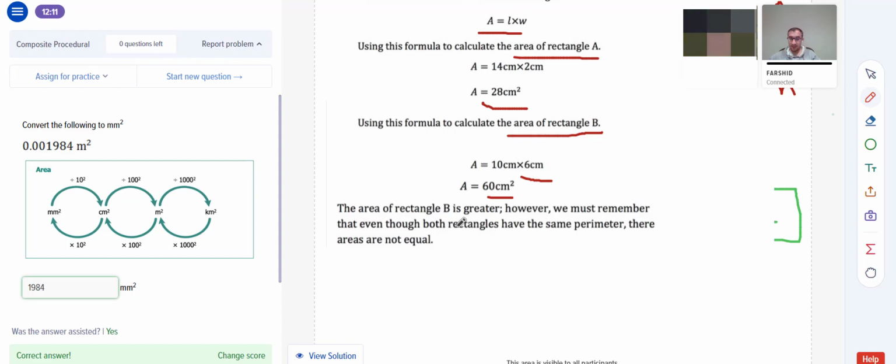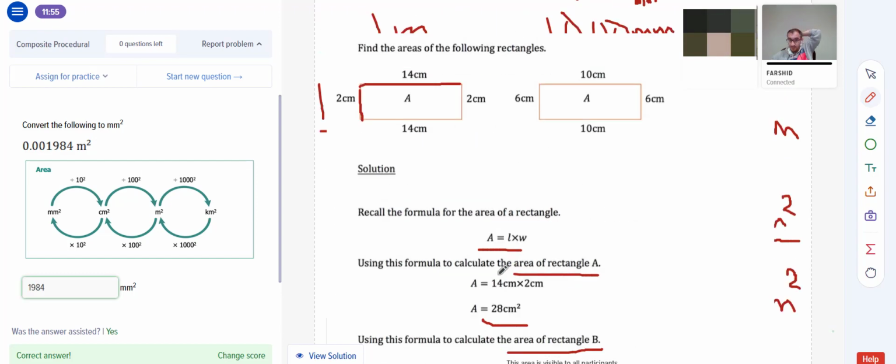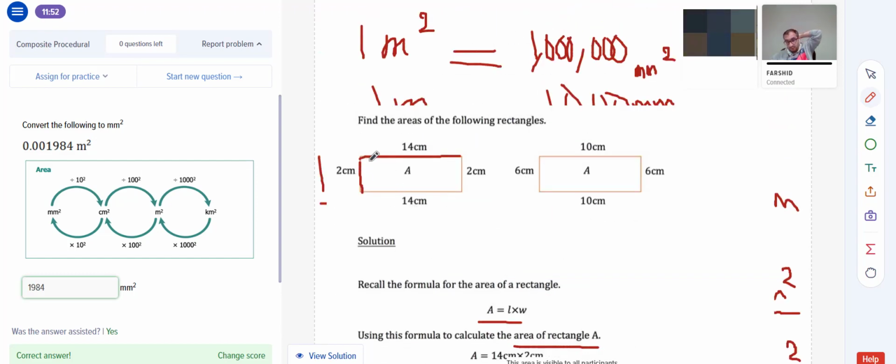The area of rectangle B is greater because it's 60. However, we must remember that even though both rectangles have the same perimeter, their areas should not be equal. So see that 14 plus 2 plus 14 plus 2 is 32.